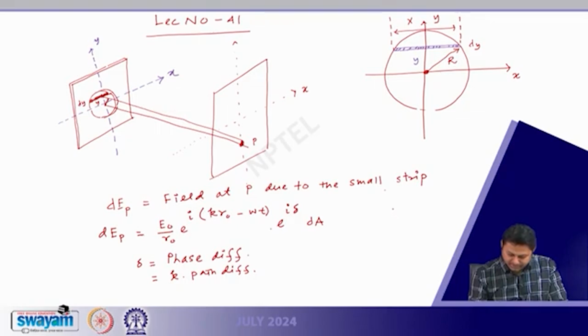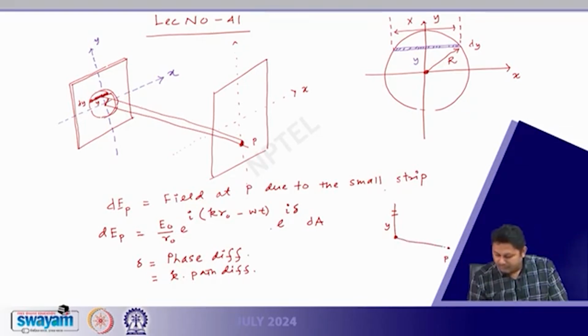I have the origin here and this is the strip, this is y, and this is some point P. I join this with a line, and if I draw a perpendicular here, that is the path difference.